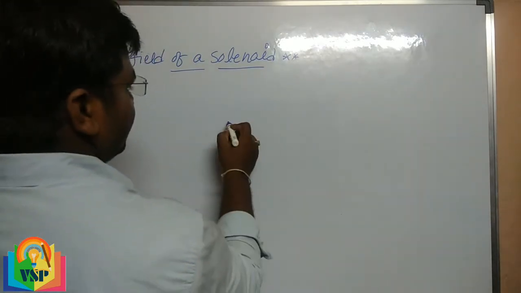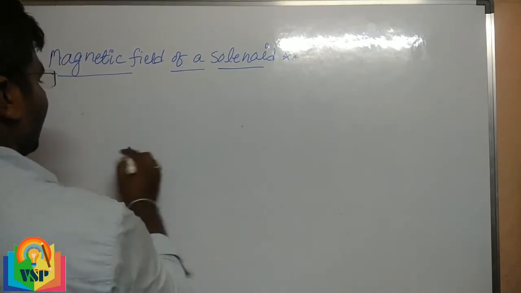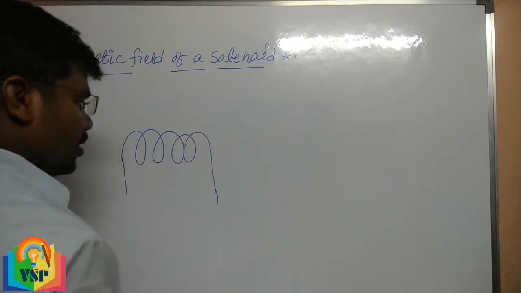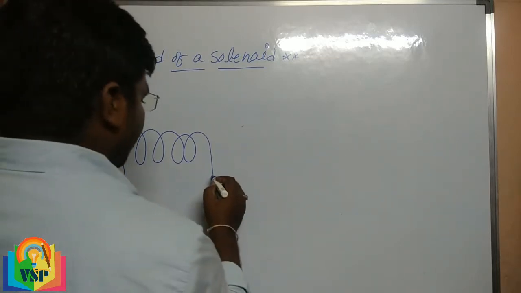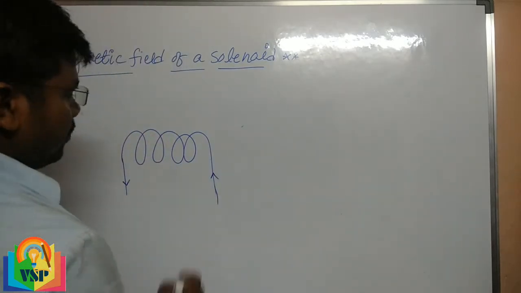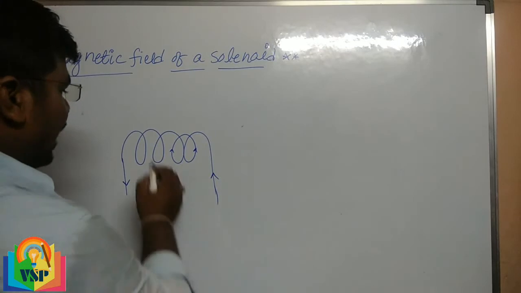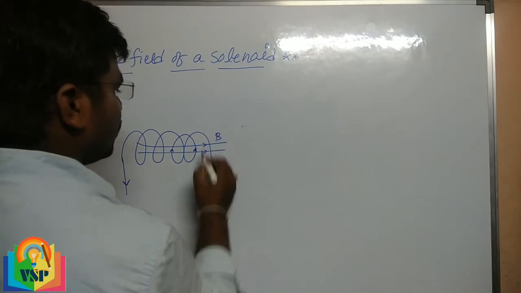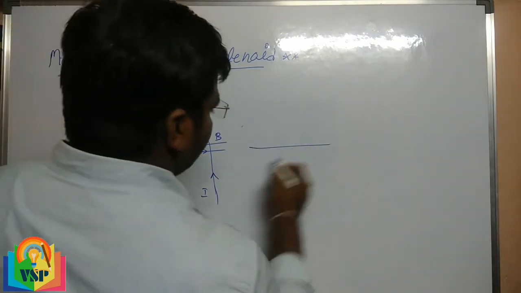Current enters like this and leaves like this now, and the magnetic field we get like this. Field B, this is current.